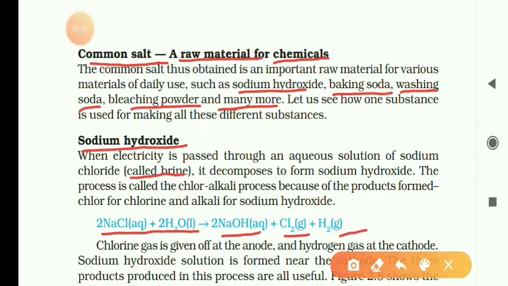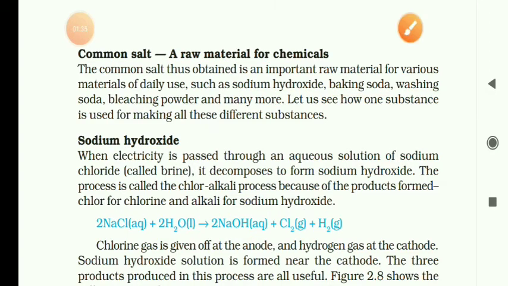So this process we call the chloralkali process. So what is the chloralkali process? The products formed are chlor for chlorine and alkali for sodium hydroxide. That is why we call this process the chloralkali process.